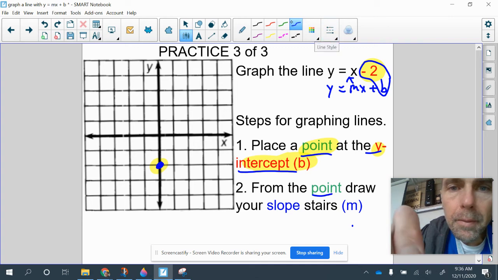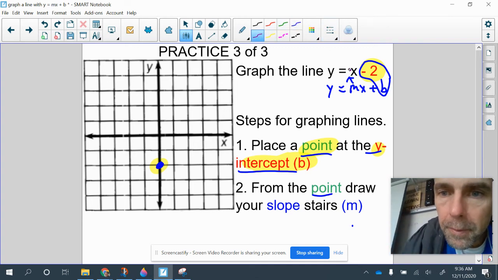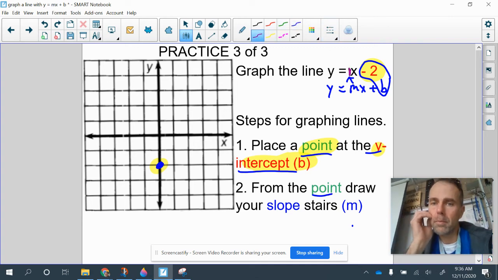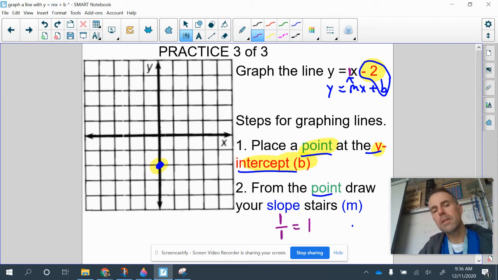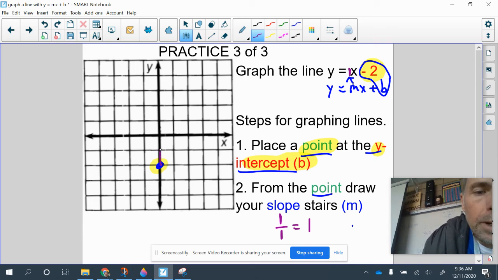There's 1x there, so technically our slope is 1. It's okay to put a 1 under that, because 1 over 1 equals 1. So our slope stairs are 1 over 1. Rise 1, run 1. Draw your stair. Rise 1, run 1. Draw your stair.